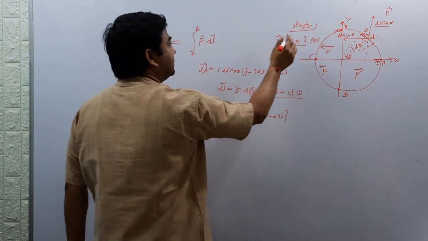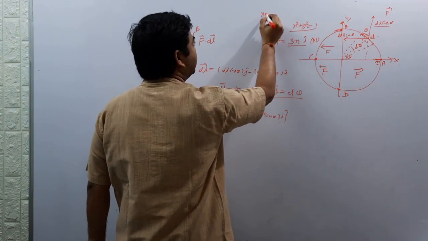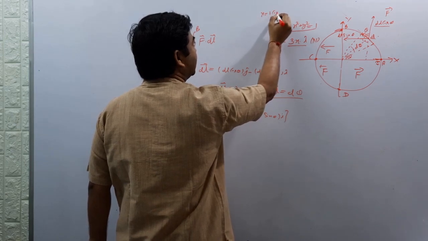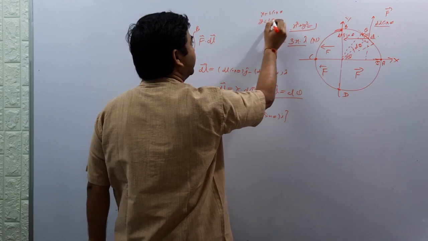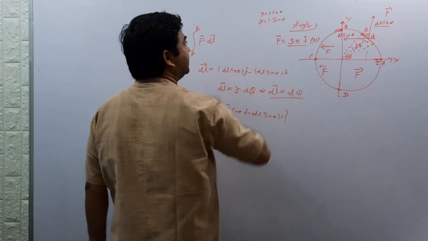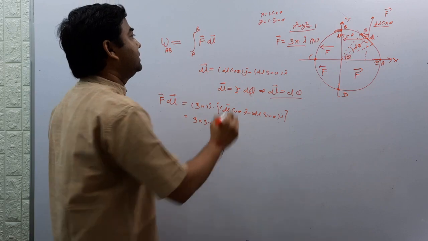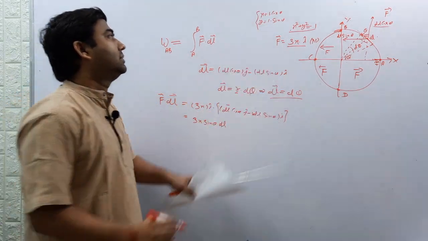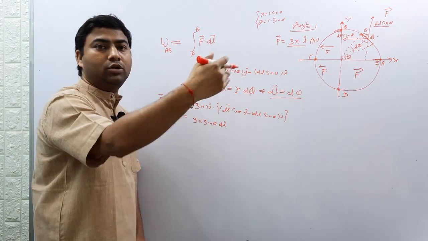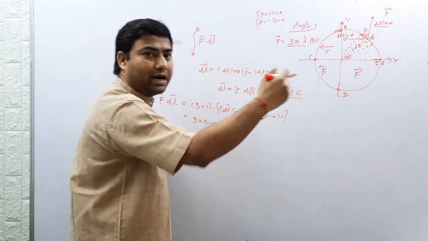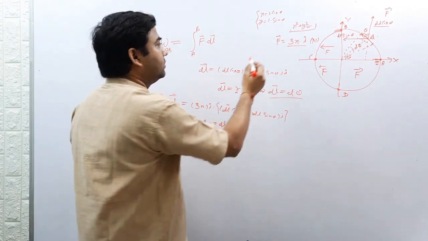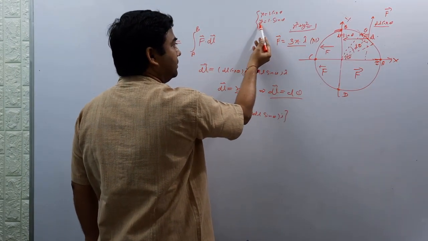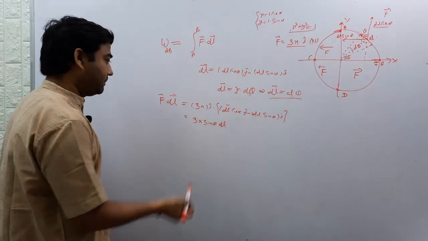Here you can write the parametric form. This can be written as x equal to 1 into cos theta and y is equal to 1 into sin theta. It is the parametric equation of a circle having radius r. The general equation is x equal to r cos theta, y equal to r sin theta for a circle. The circle radius is 1, so here we write x equal to 1 cos theta and y equal to 1 sin theta.